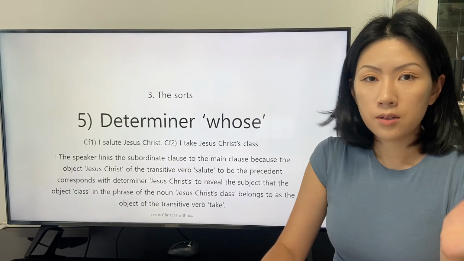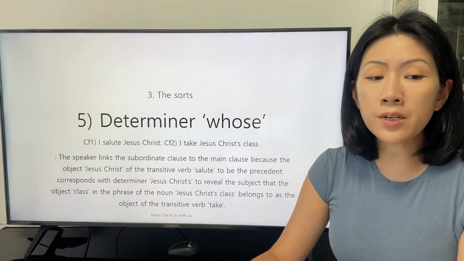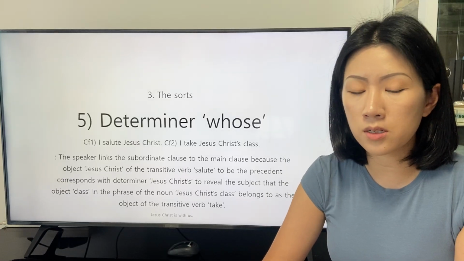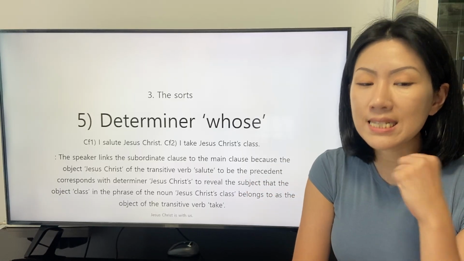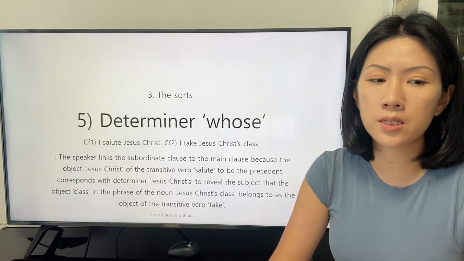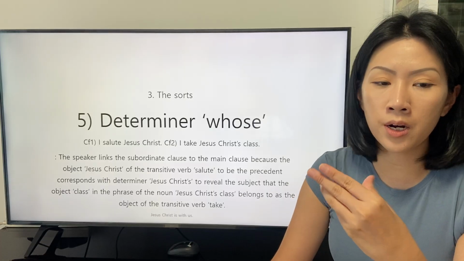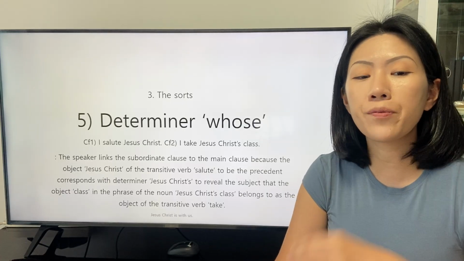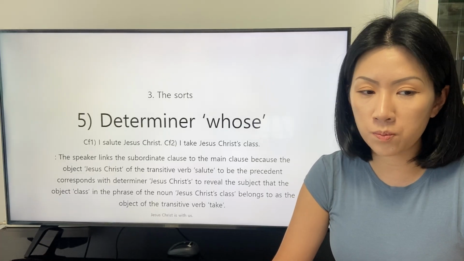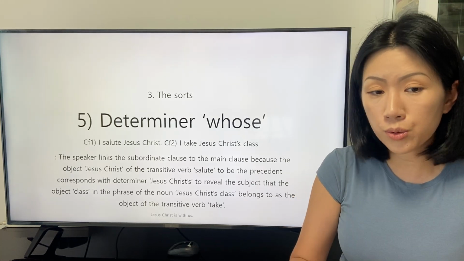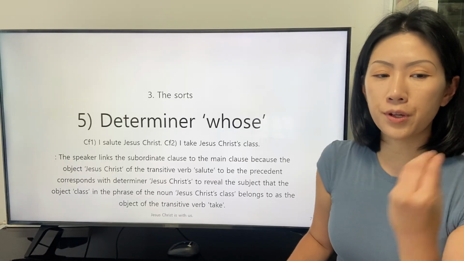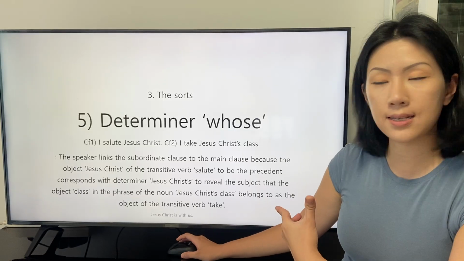Let's read this explanation. The speaker links the subordinate clause to the main clause because the object Jesus Christ of the transitive verb salute, which is the President, corresponds with the determiner Jesus Christ to reveal the subject that the object class in the phrase of the noun Jesus Christ's class belongs to, as the object of the transitive verb take.